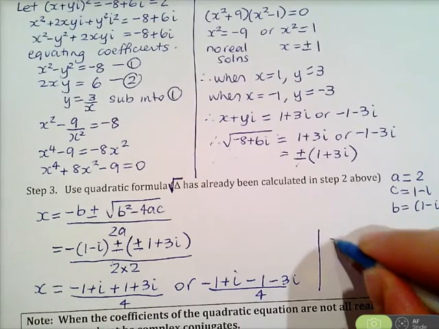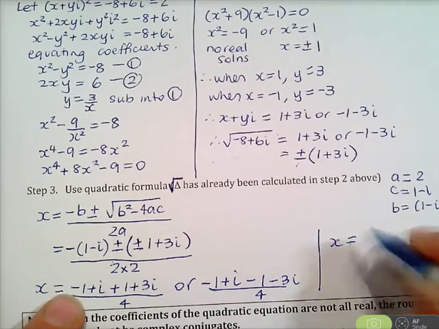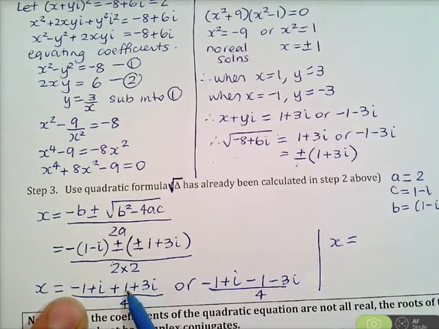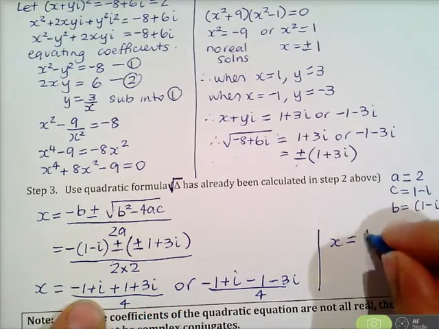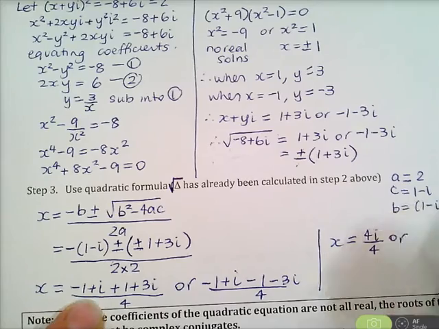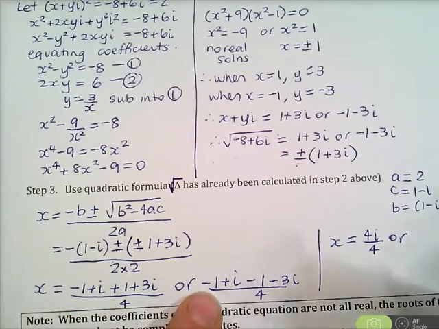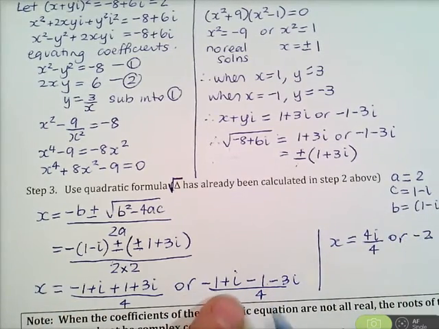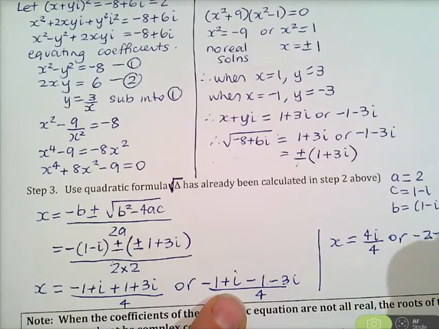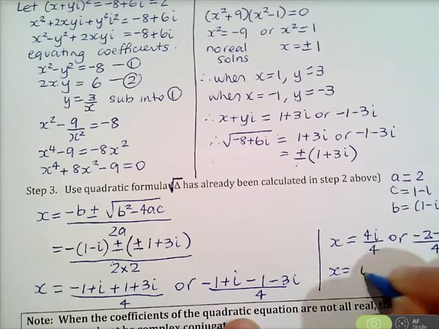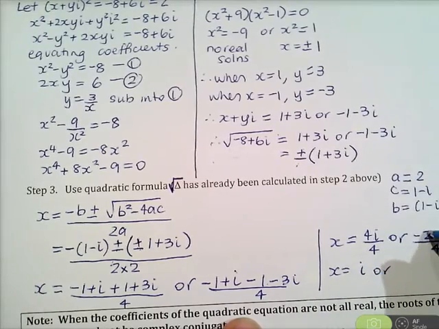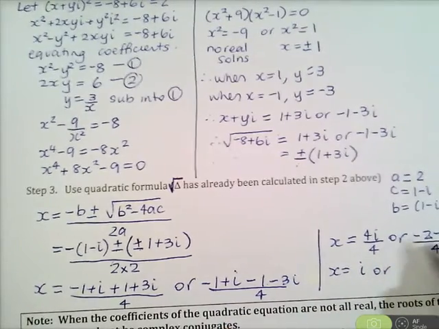And so therefore, I get x is, now I've got -1 plus 1, that cancels to 0. i plus 3i is 4i over 4, or -1 minus 1 is -2. i minus 3i is -2i over 4. So therefore x is i, or these are both over 4.